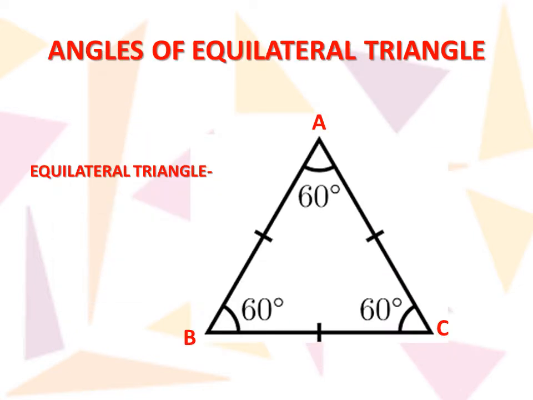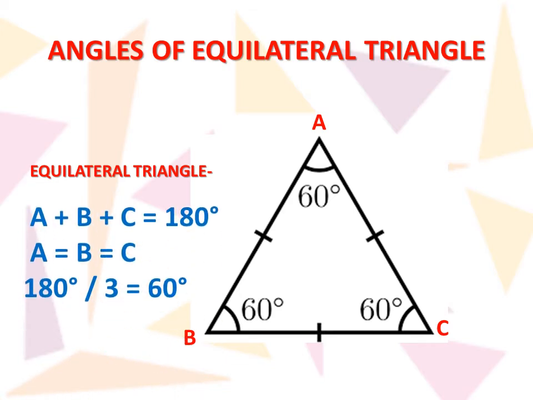Now, in the case of an equilateral triangle, each angle will be equal to 60 degrees. An equilateral triangle has all sides equal. Since all the sides are equal, all the angles will also be equal. So it has to be 60 degrees. How is it? You see, angle A plus angle B plus angle C is equal to 180 degrees.